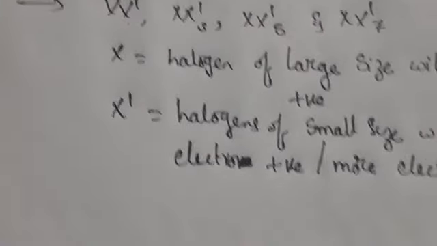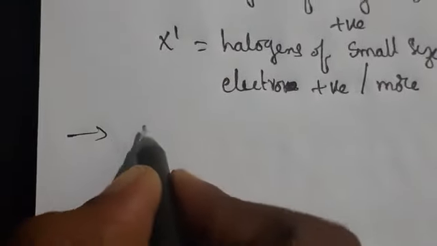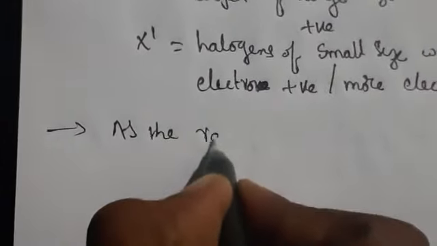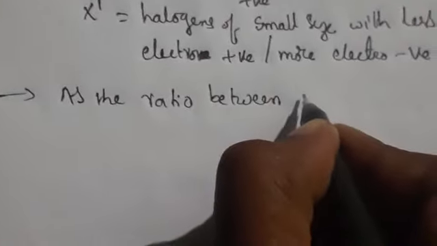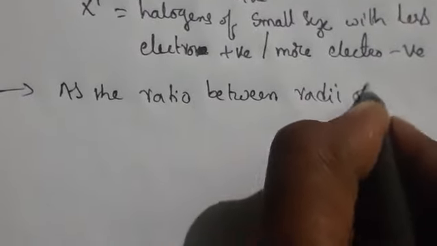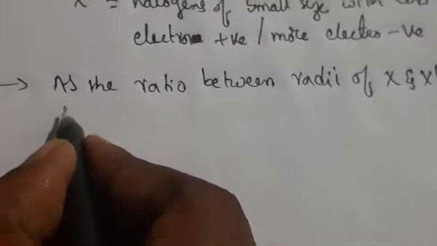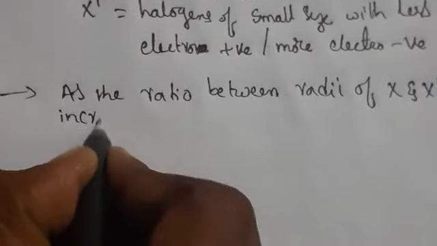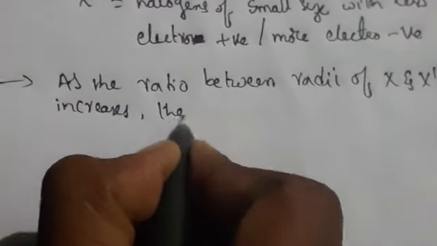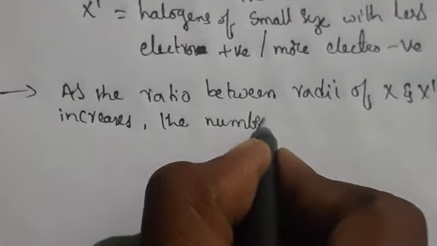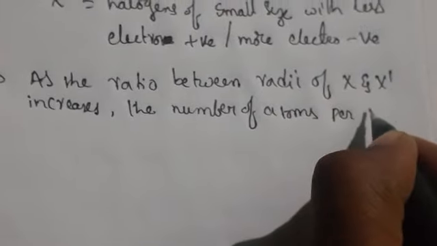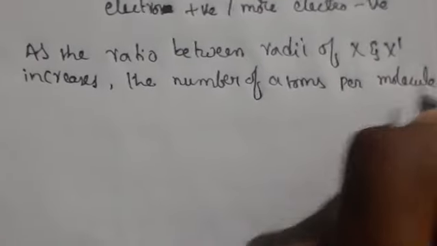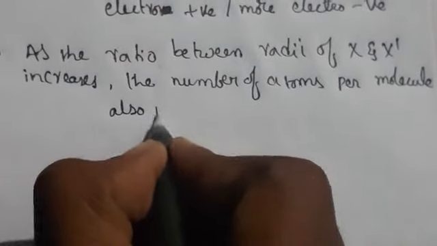As the ratio between radii of X and X' increases, the number of atoms per molecule also increases.